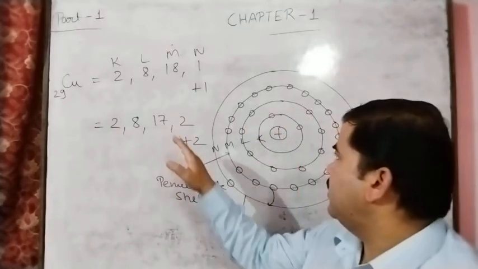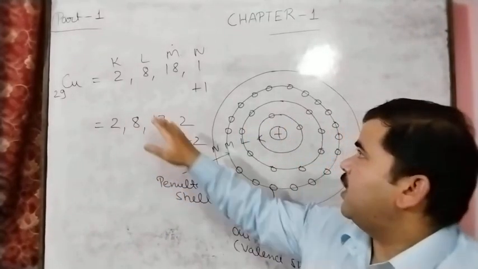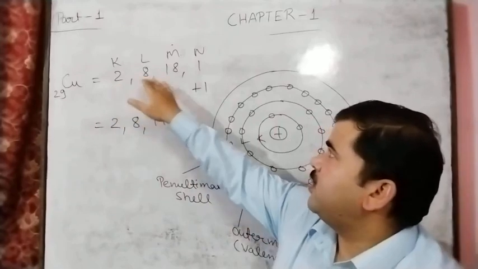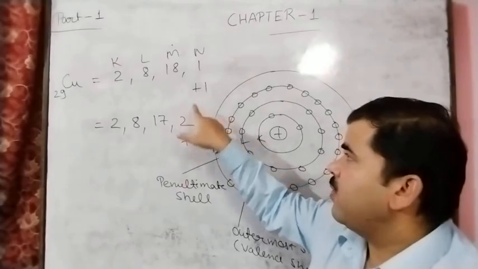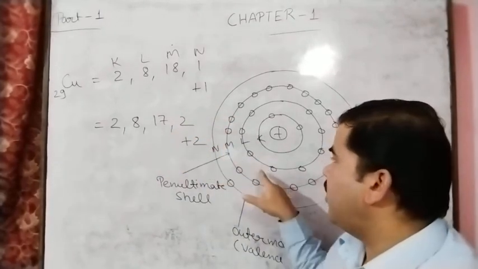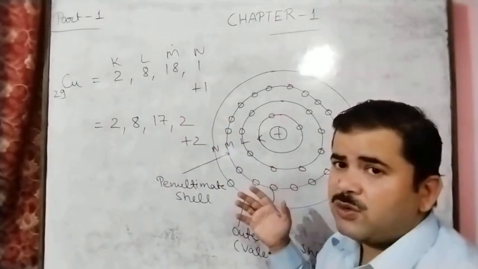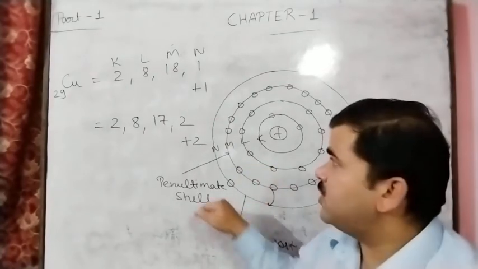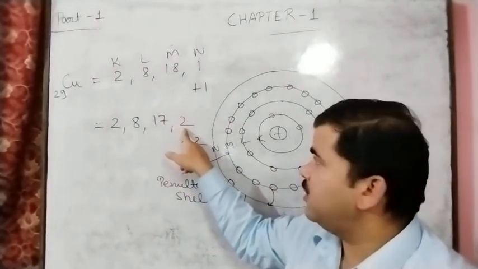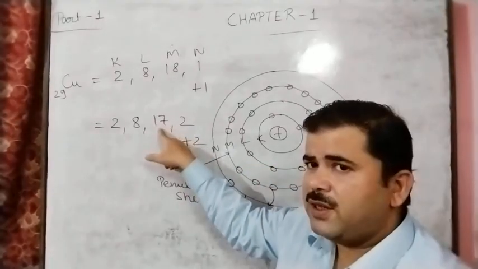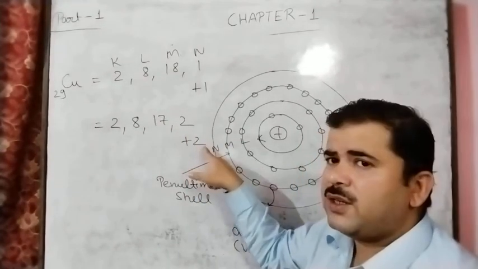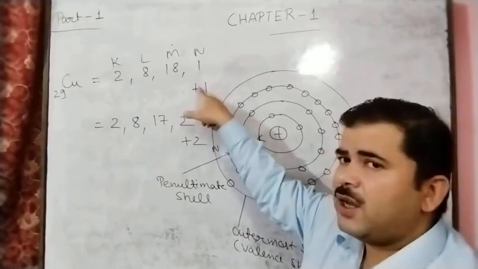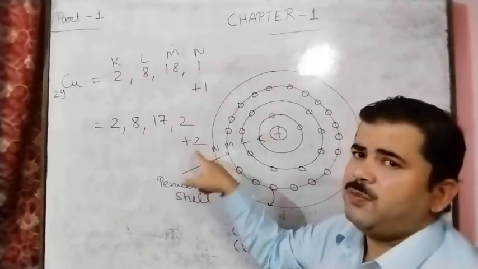We can see the copper electronic configuration 2, 8, 18, 1 loses 1 electron, so the valency is +1. When 1 electron jumps from the penultimate shell, the second outermost shell, to the outermost shell, the valence shell, the configuration becomes 2, 8, 17, 2. In this case it loses 2 electrons, so there are 2 valencies, +1 and +2.